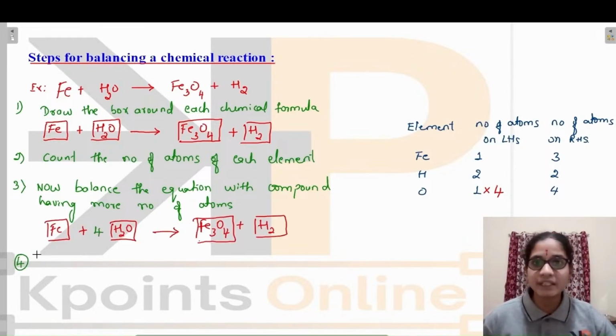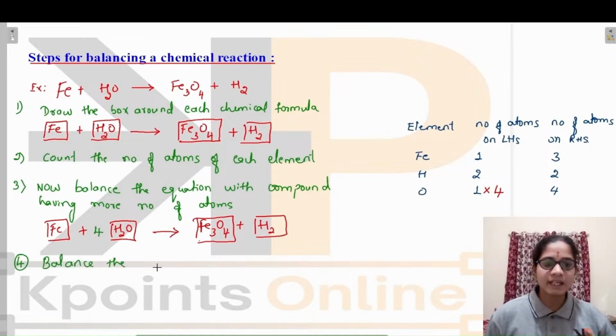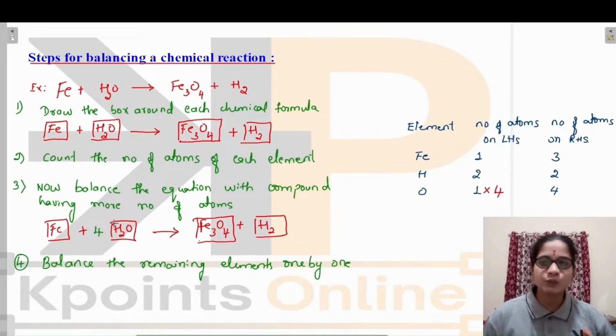Next, balance the remaining elements by adding coefficients. Now balance the remaining elements one by one. As I have already said, once the coefficient is written here, the number of hydrogens is also affected. So it becomes 4 into 2, 8 here. The number of hydrogen atoms is 8. So now I need to balance hydrogen atoms also. How can we balance the number of hydrogen atoms?